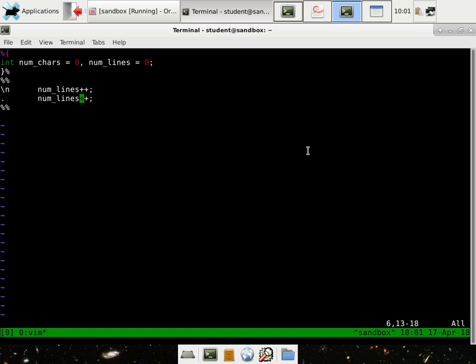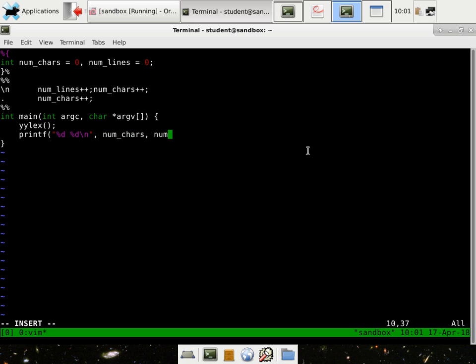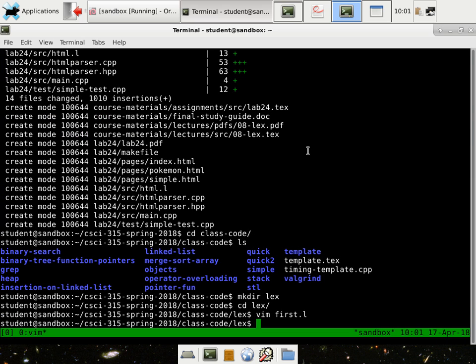On everything else, num chars plus plus. Down here we'll have int main, int argc, char star argv, yylex to go ahead and do the parsing, and then we'll print off percent d. I'm just going to do the two variables just to get us going: num chars, num lines.